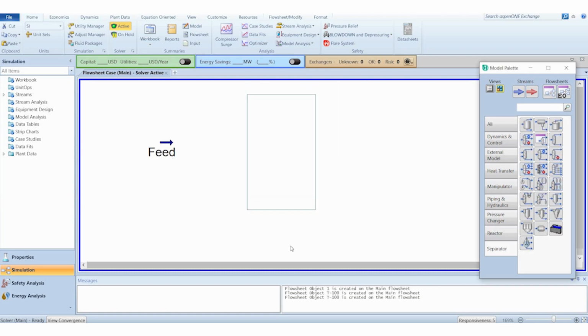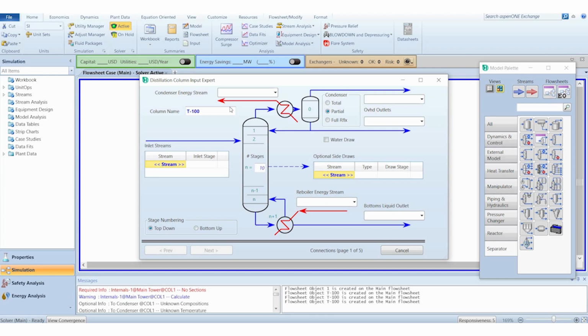Now let's complete the information needed at the distillation column. First, we assign tags to all mass and energy streams going in and out of the column.